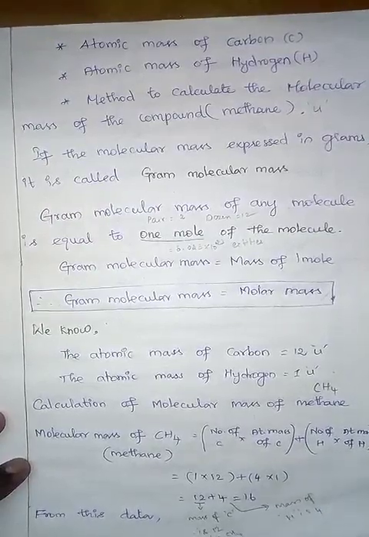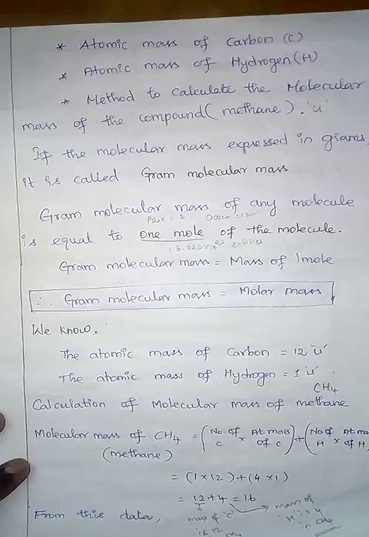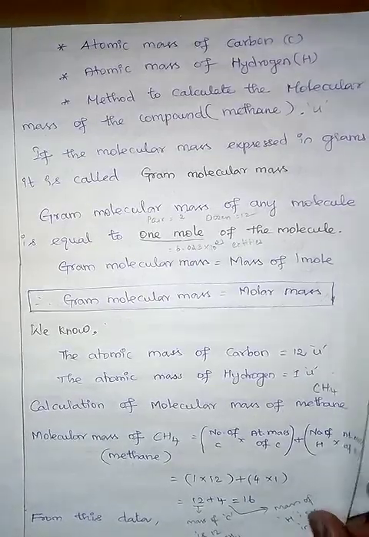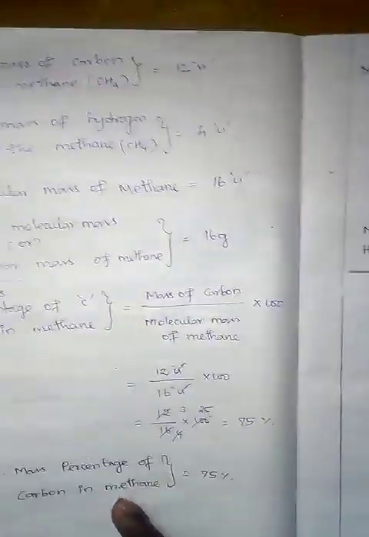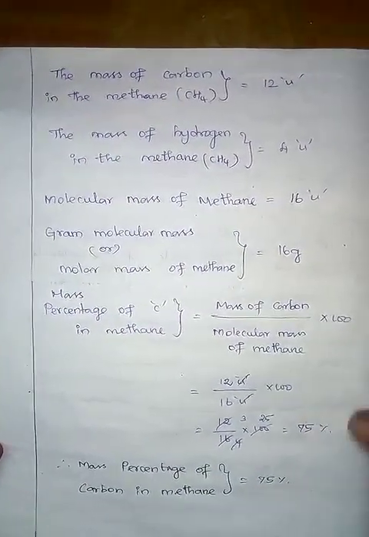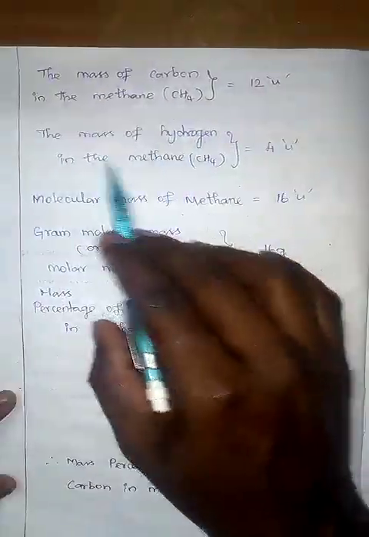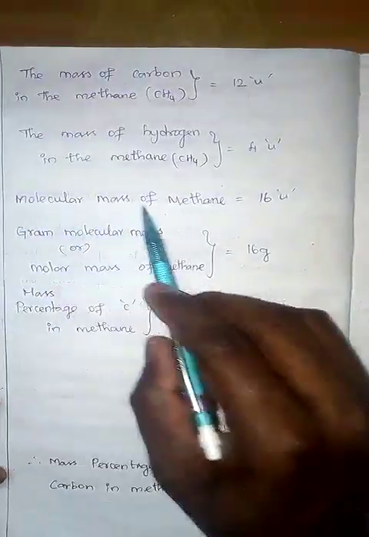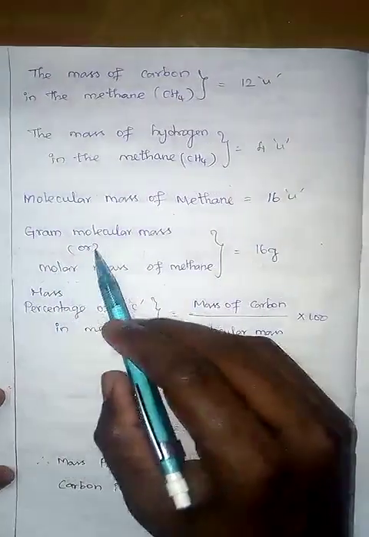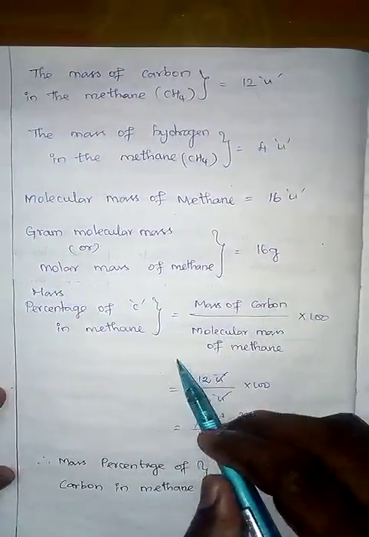Very important, it will be used in the calculation. So the mass of carbon is equal to 12 u, the mass of hydrogen is equal to 4 u, the molecular mass is 16. We have calculated the gram molecular mass or molar mass of methane is 16 grams.